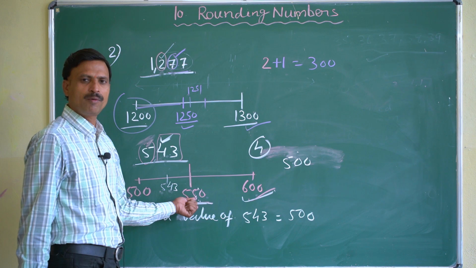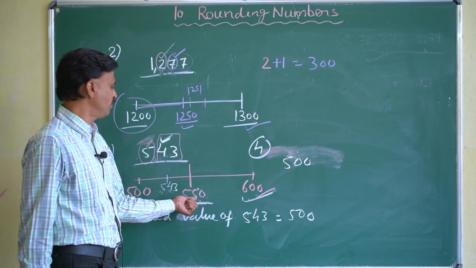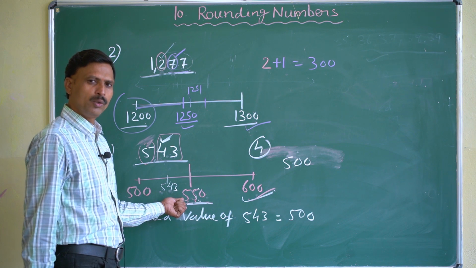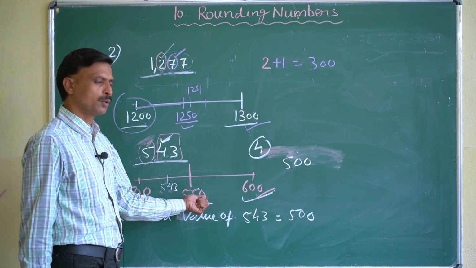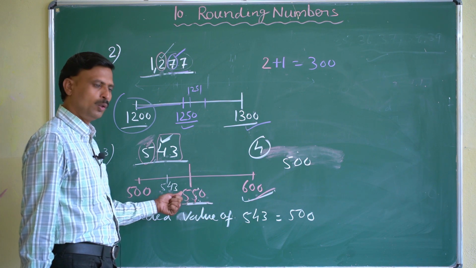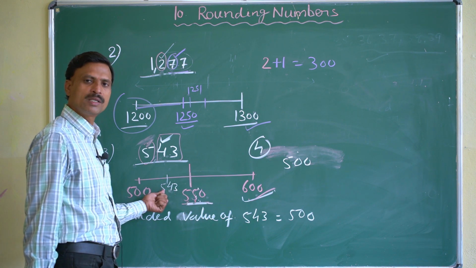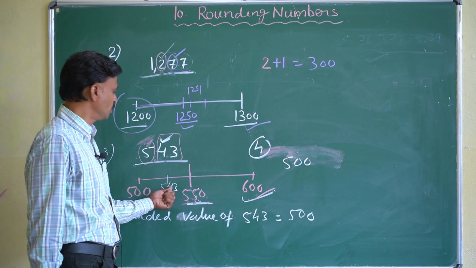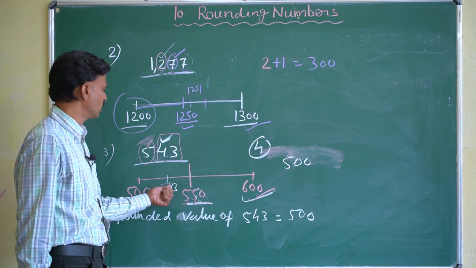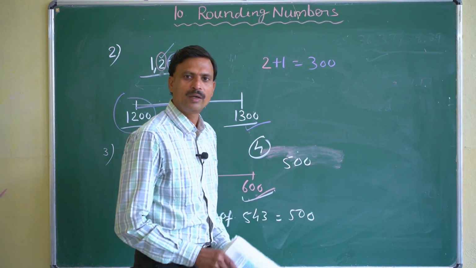If the 10s place digit is 5 or more than 5, the 100s place digit is going to increase by 1 and the other values become 0, 0. But if it is less than 5, the 100s place digit will remain the same and the units and 10s place digits become 0 and 0. So 543 will be 500. Okay.